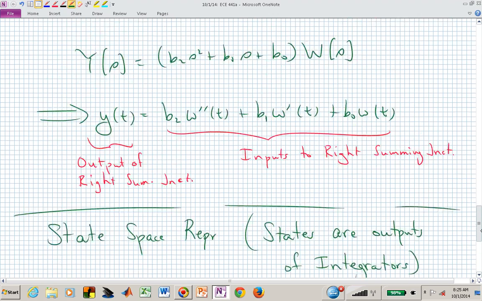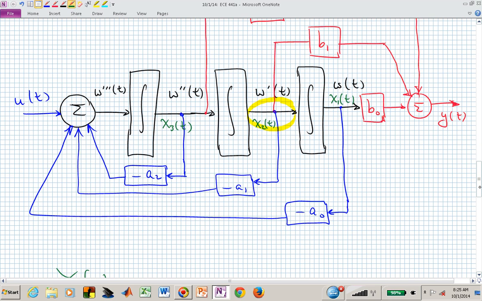The interesting piece comes when we look at the first derivative of x sub 3. That now gives us a little bit more structure in our equation. x3 prime is just the output of that first, or leftmost, summing junction. If we go counterclockwise, that's u minus a sub 0 x1 minus a sub 1 x2 minus a sub 2 x3.